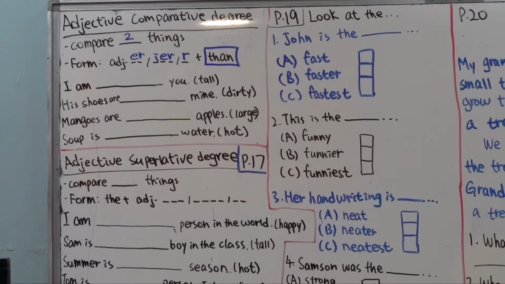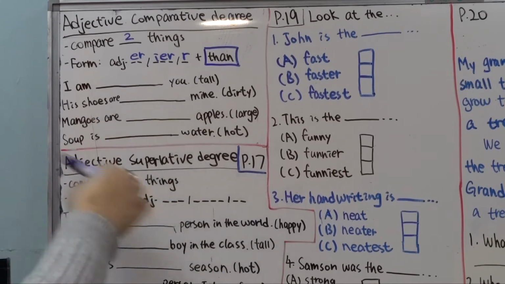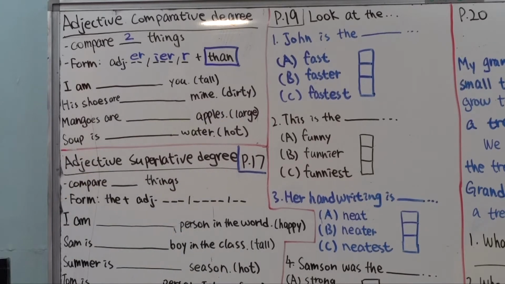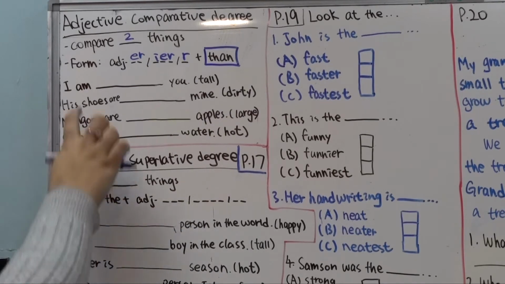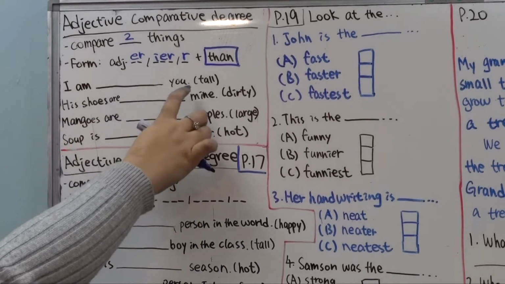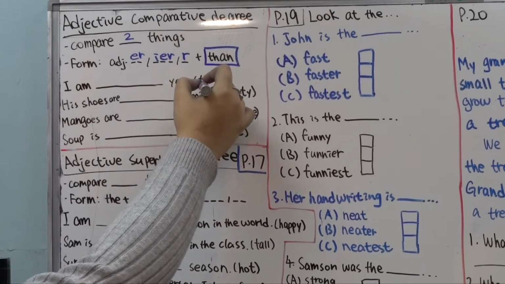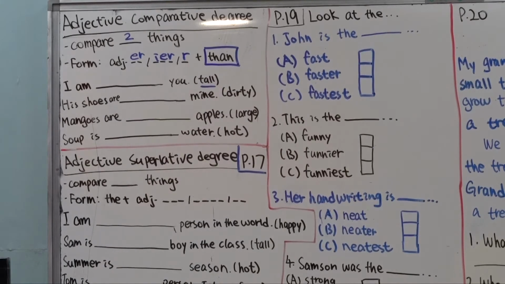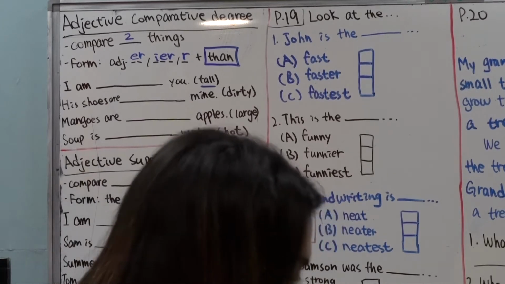So let's use the comparative adjective to complete this revision, okay? So here, I am what you, and then I give you tall. Is tall an adjective? Yes, right? Remember what is an adjective? Adjective describes something, right? For example, so here's the stick again.